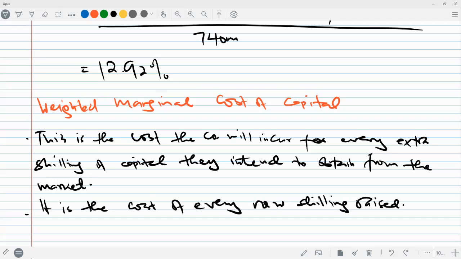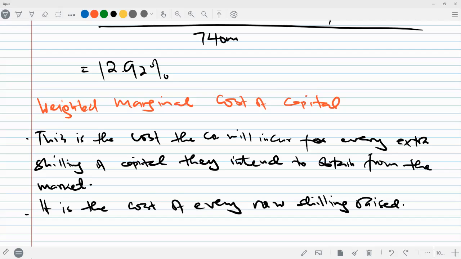The process is the same. Determine where the money will come from, get the cost from each of the sources, get the market weights, then get the company cost. So let me not go through the same steps that we have already discussed together.